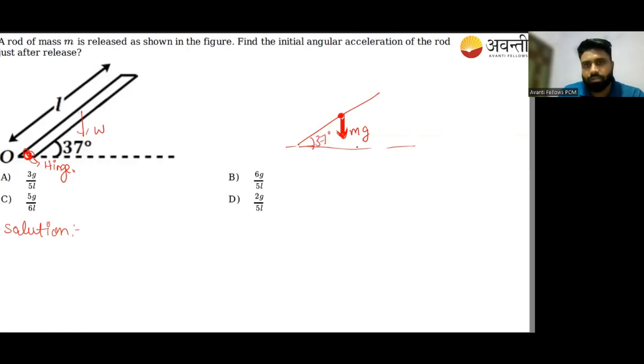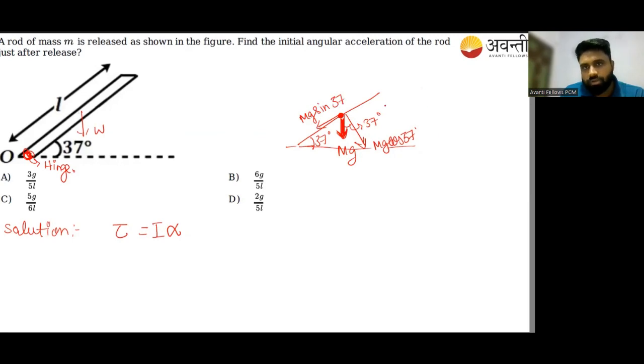So you have to calculate the torque, because we know that torque is equal to I times alpha. Now, if you resolve this mg in this direction, this angle is also 37. So it is mg cos 37 and it is mg sin 37.